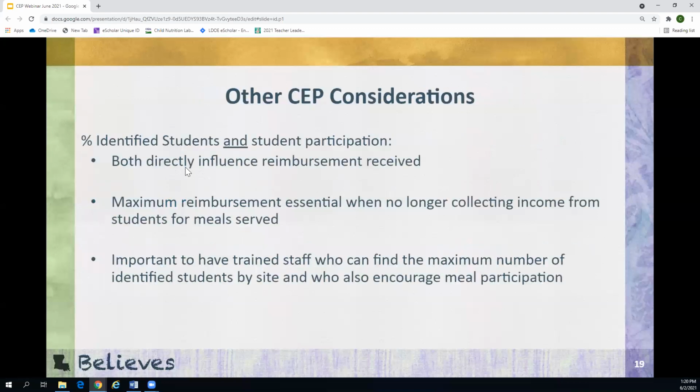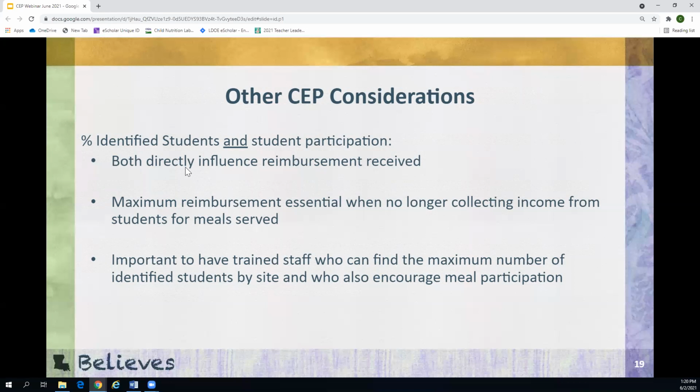So the percent of identified students and student participation both influence the reimbursement received. So even if you have a really high identified student percentage, if you don't have many kids eating, then you're not going to receive as much reimbursement as you possibly could have. And maximum reimbursement is essential when you're no longer collecting income from students for meals.